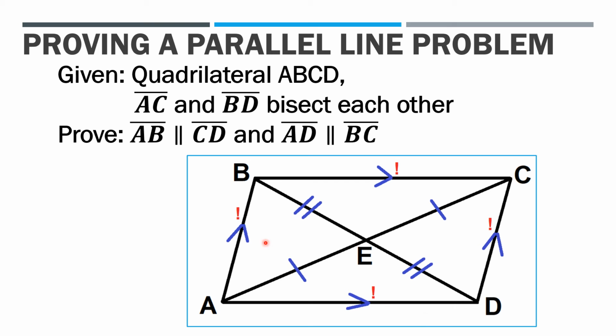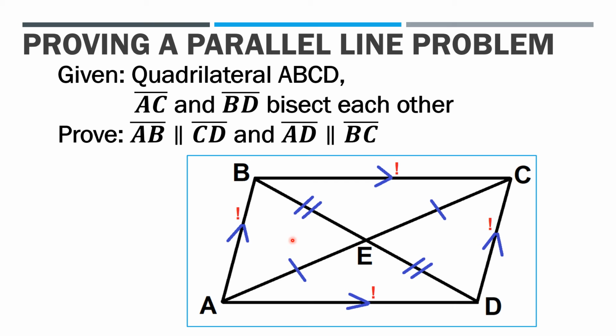To prove that line segments AB and DC are parallel, we may consider BD as a transversal. Notice that the pairs of angles that are applicable here are the alternate interior angles, namely angles ABD and CDB. We just need to prove one pair.